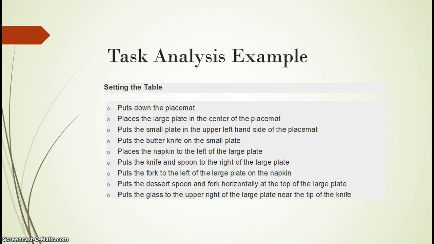We can see with this example that there's going to be a finite, definite outcome every single time going through this. The learner who is following this list is going to get the same outcome every time. It's very important.